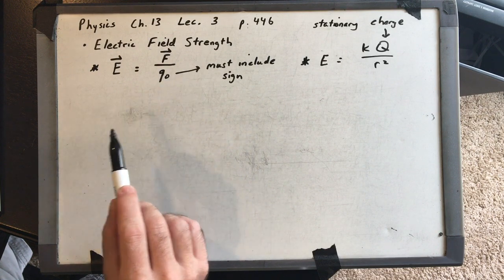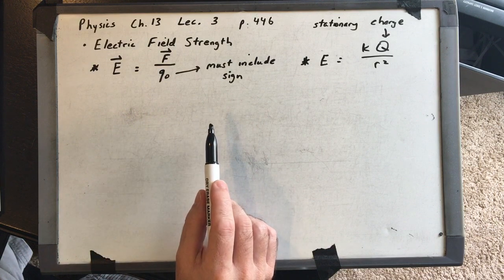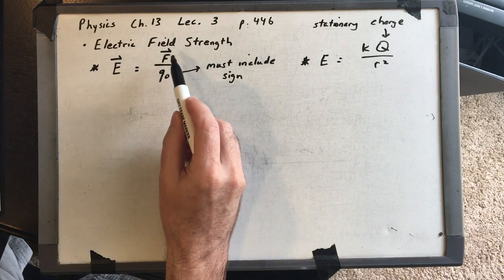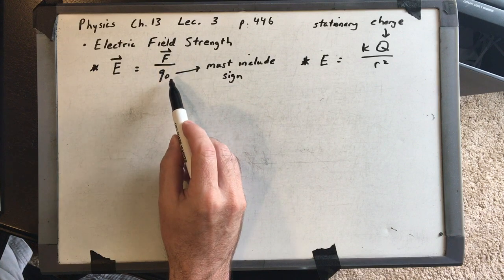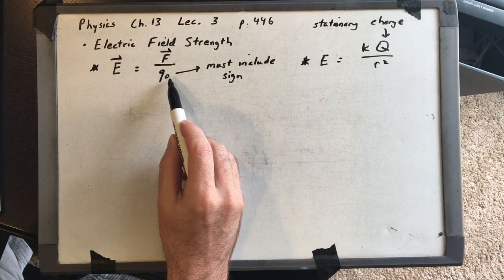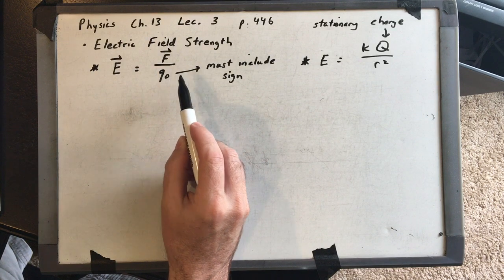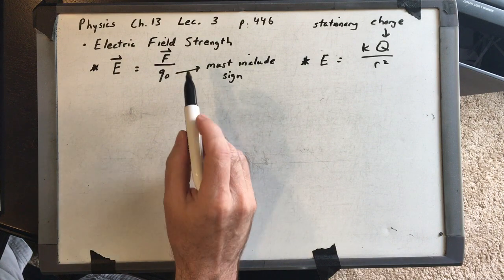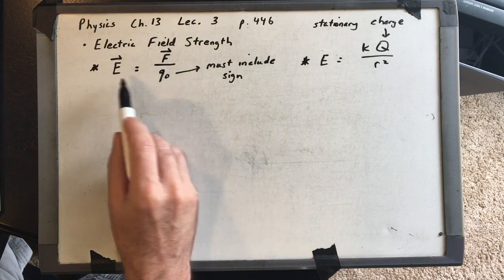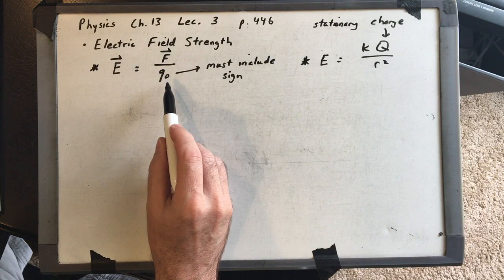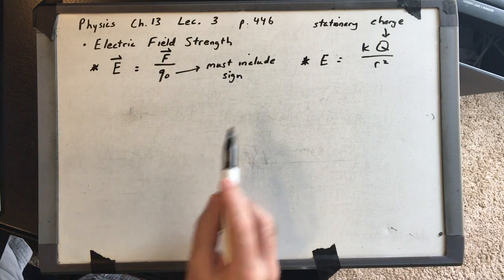And this is the only formula in the entire chapter where you include the sign. So you include the sign for the force, you include the sign for the moving charge. All right, so that is what we'll call vector E. And we're going to use this formula as a shortcut to being able to calculate the force.